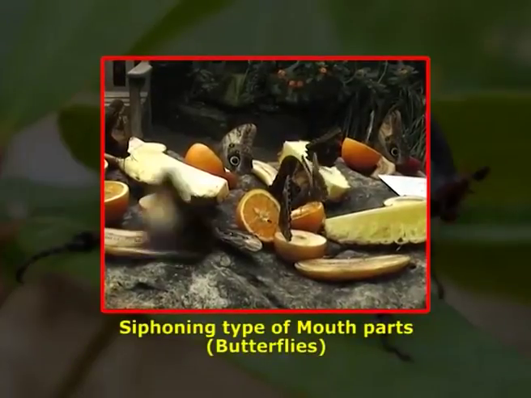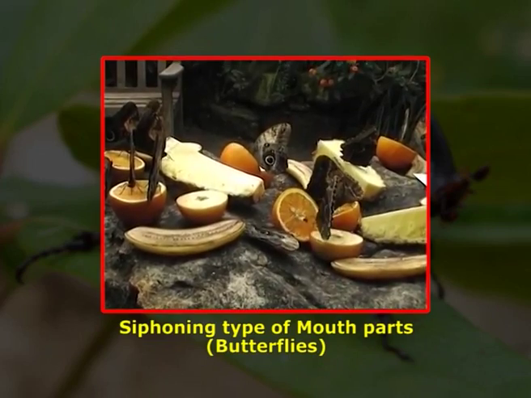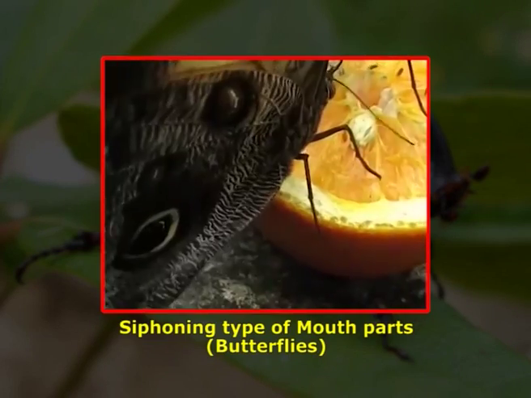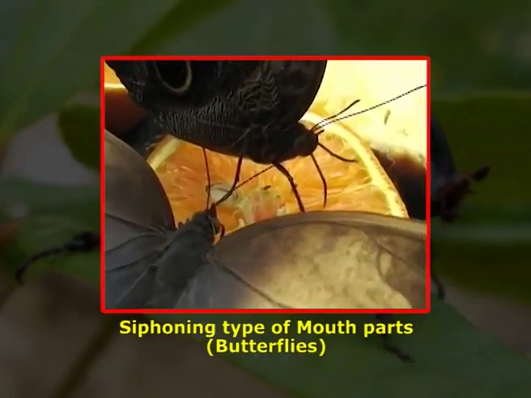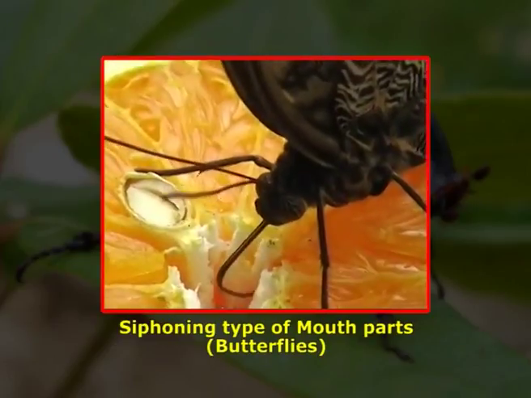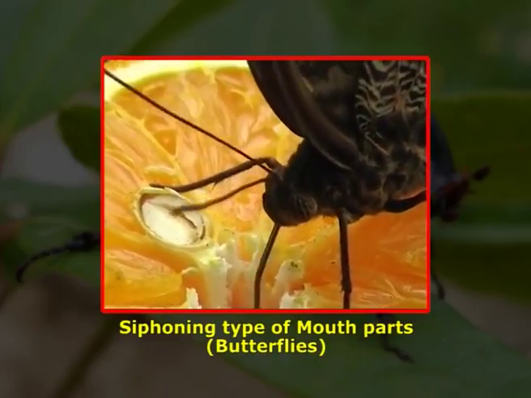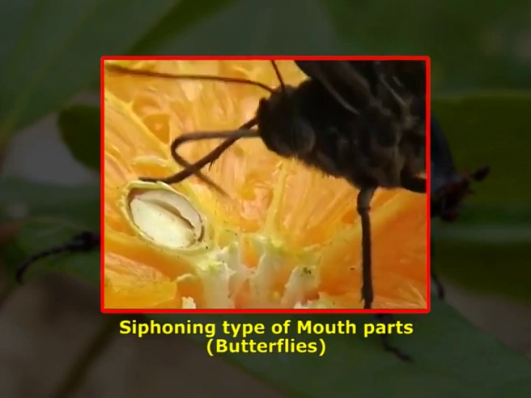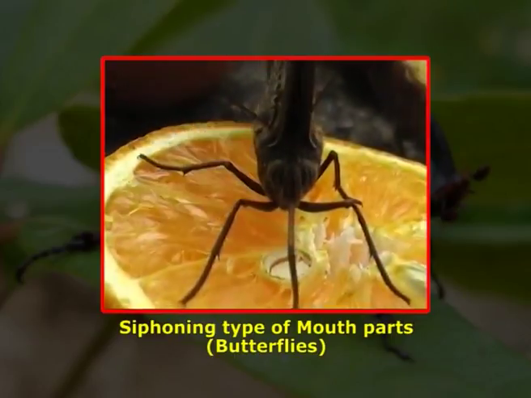Siphoning type of mouth parts, example, butterflies. These are specially modified for taking nectar from the flowers. The galea of maxilla form into a slender, hollow, tubular structure which remains as an elongated coiled proboscis underneath the head during non-feeding stage.